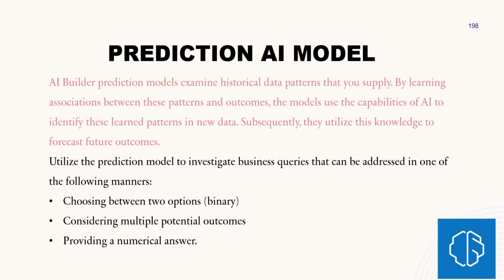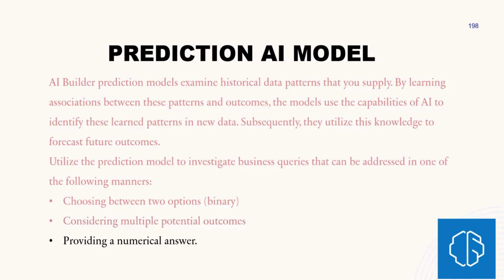Also, it utilizes this knowledge to forecast future outcomes. By using the prediction model, we investigate the business queries that can be addressed in one of the following manners. Choose between two options, that is binary, either it is 0 or 1, true or false. Considering multiple potential outcomes. Providing a numerical answer.